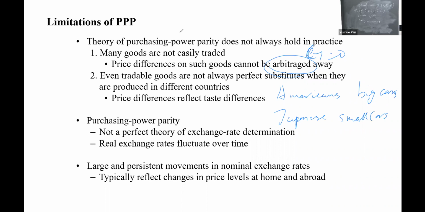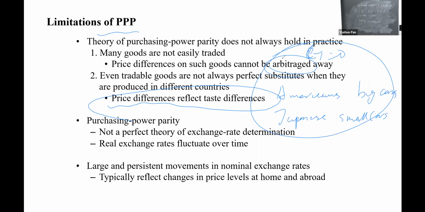What does that mean? It means big cars in the United States should sell for more dollars compared with Japan, and in Japan small cars should be more expensive relative to small cars in America. So the price difference reflects taste differences. Because of these two reasons, PPP usually doesn't work.